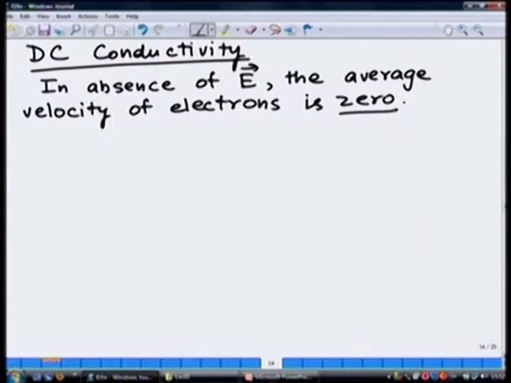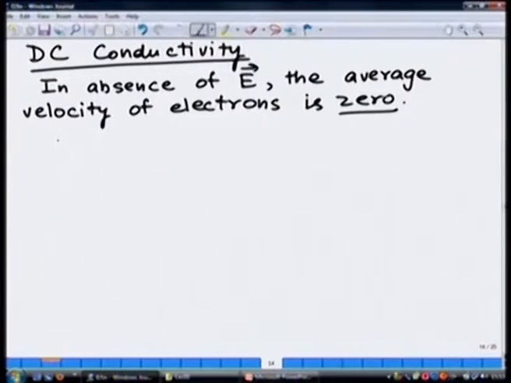Remember, electrons collide and then emerge out of this collision in random directions, and with velocities which correspond to the local temperature. If you think of the Maxwell-Boltzmann distribution, they also have a random set of velocities. Therefore, with random velocities in random directions, the net effect is that in the absence of an electric field, the average velocity of electrons is 0. What happens in the presence of an electric field?